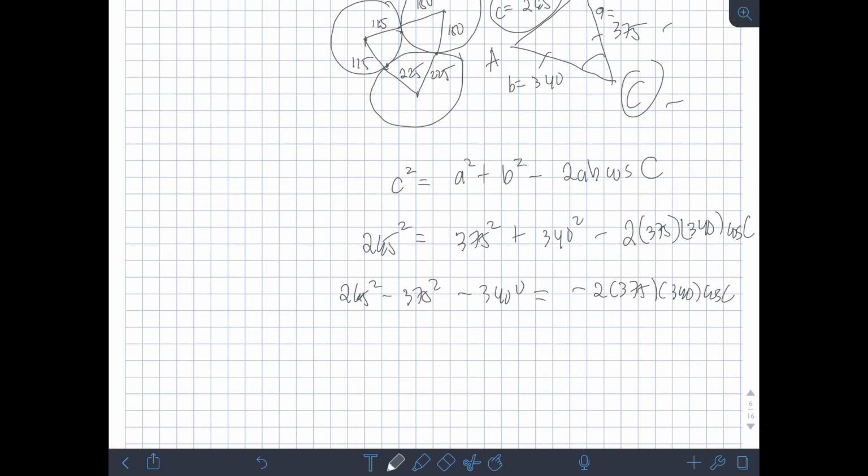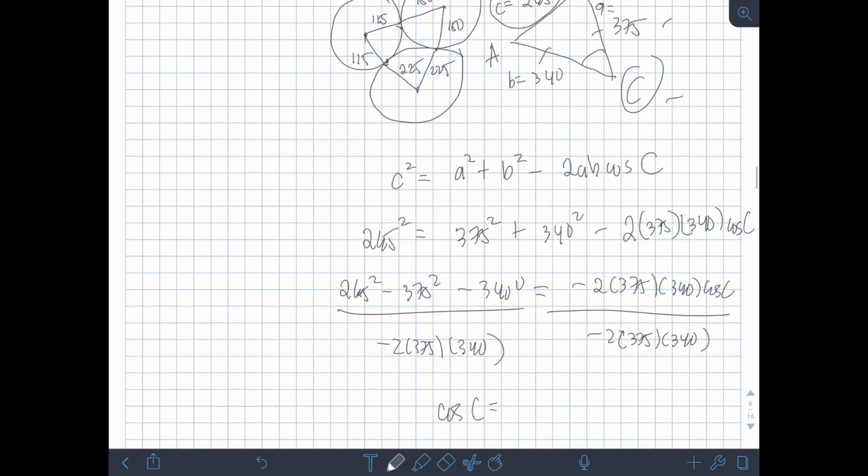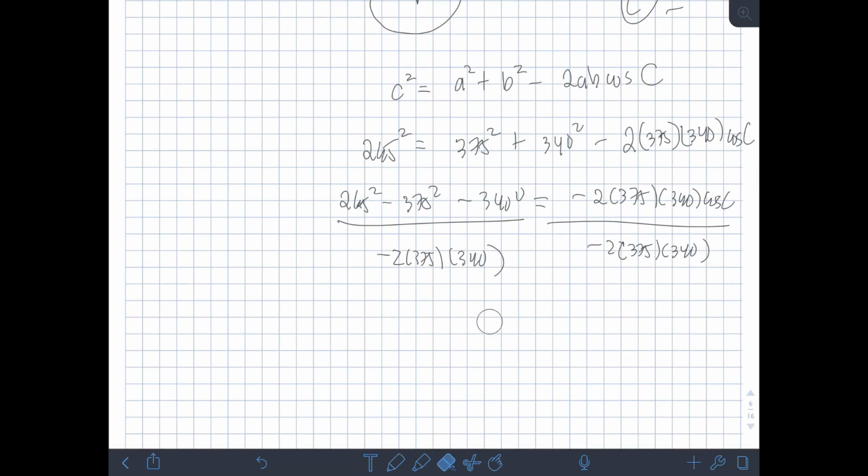So, divide both sides by negative 2 times 375 times 340. Masasolve natin si cosine C. So, we have cosine C is equal to, so, i-inverse cosine na natin. C is equal to inverse cosine of 265 squared minus 375 squared minus 340 squared over negative 2 times 375 times 340.